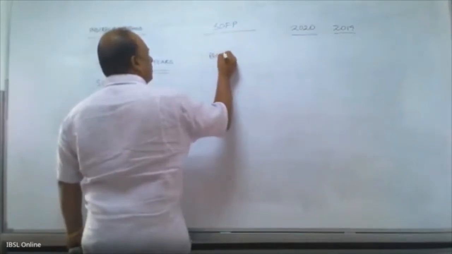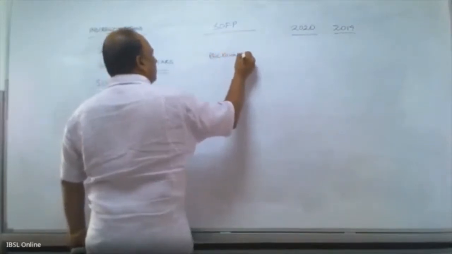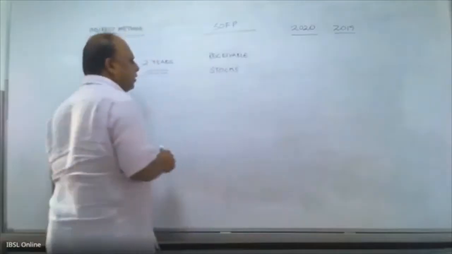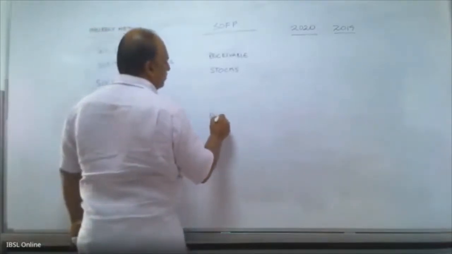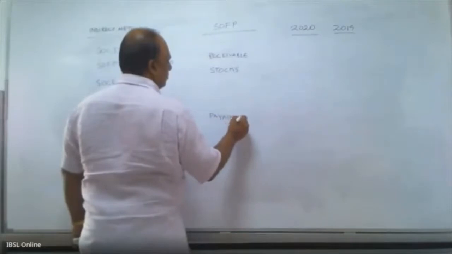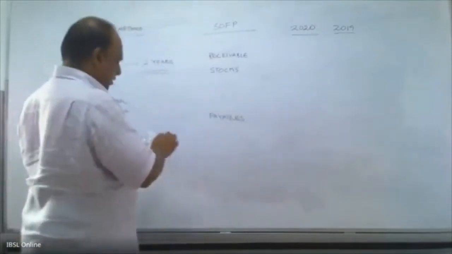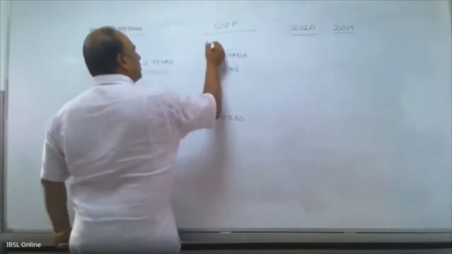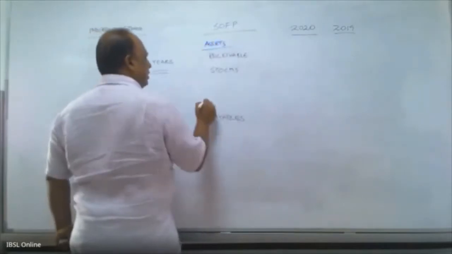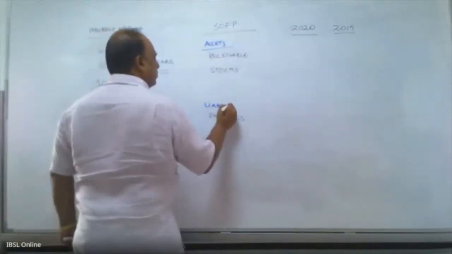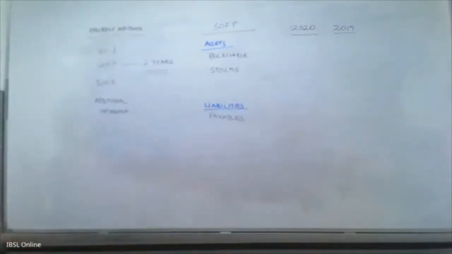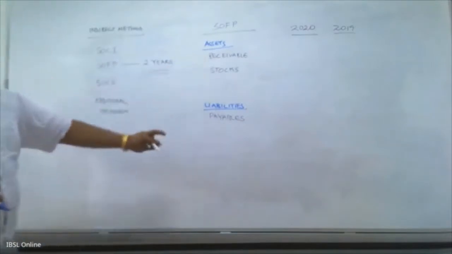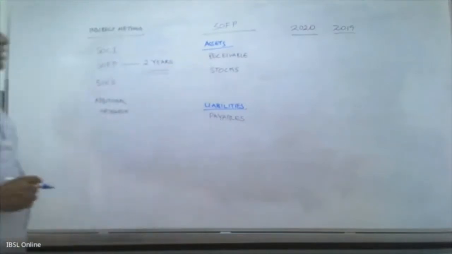Receivables, stocks or inventory. Then you also have payables. These 2 are coming under assets. This is coming under liabilities. So I'll just put some numbers.